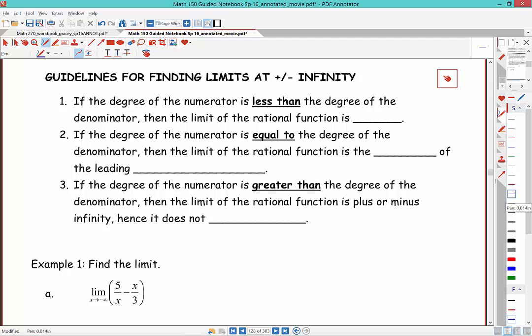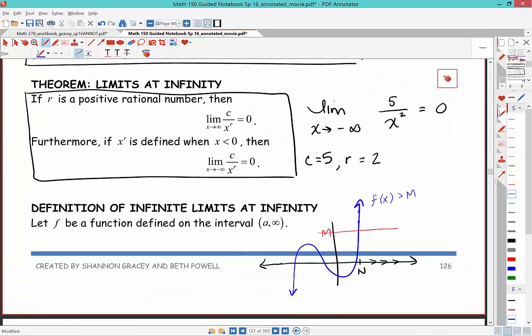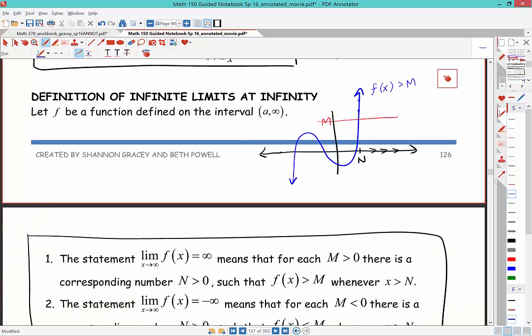Basically what happens in this section is that we are going to learn how to simplify expressions, or simplify functions that you're evaluating the limit of, or the infinite limit of, so that we can use this theorem back over here to justify what the infinite limit is for a function, whether there is an infinite limit or a finite limit.